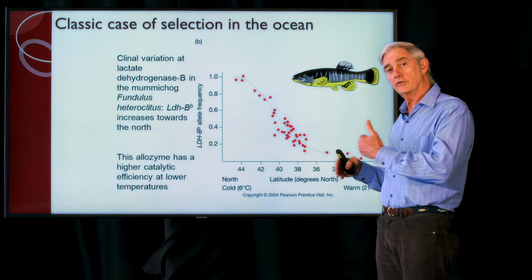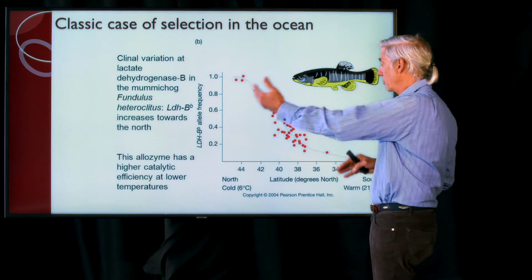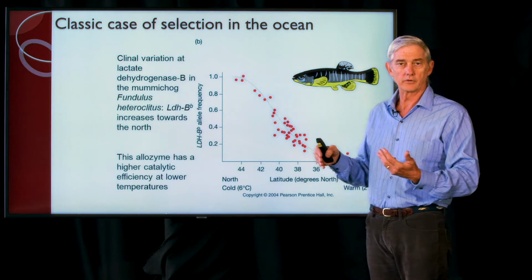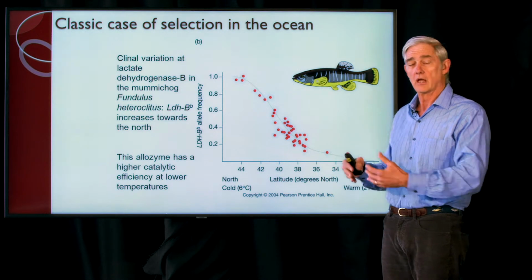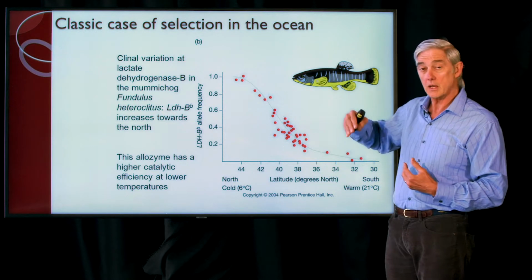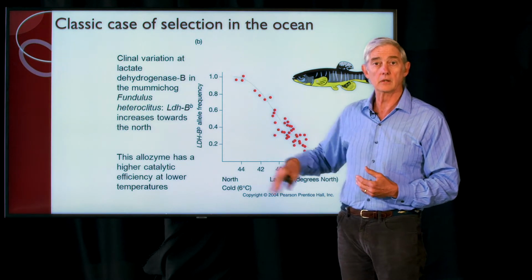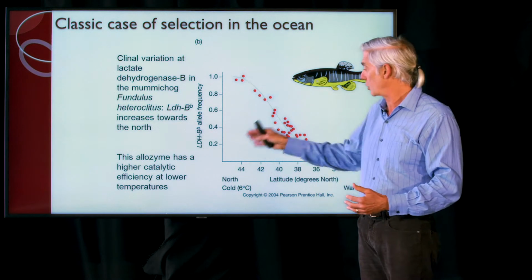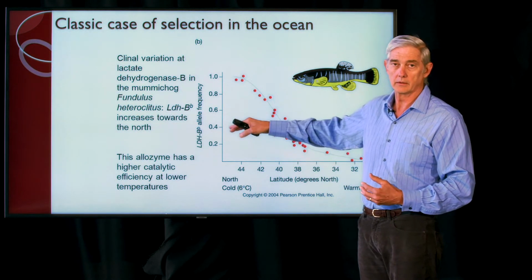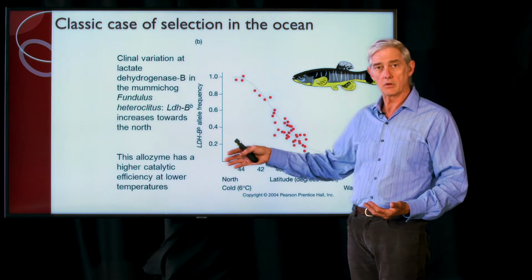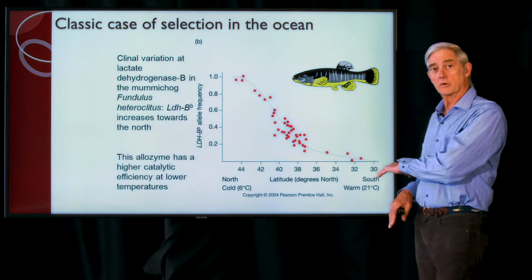Well, this shift in the genes from north to south can be explained in a number of different ways. It could be that this is just a natural random event, but in fact, the biochemistry of this particular allele, of this particular protein, shows that it works better at colder temperatures, the B allele does, and the alternative allele, the A allele at the same locus, works better at warmer temperatures.